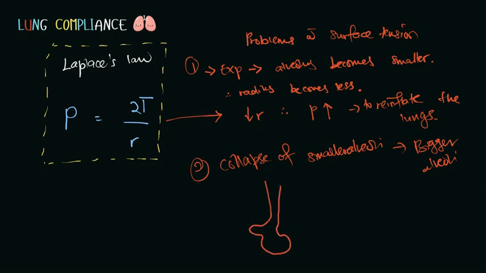Some alveolar sacs are inherently connected to each other, therefore the smaller alveoli will always collapse into the bigger alveoli owing to the surface tension, because the small alveoli have less radius, therefore the pressure is high. So it collapses into the bigger alveoli, which has less pressure.